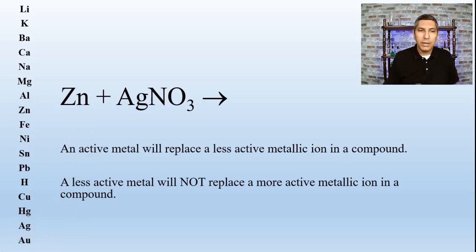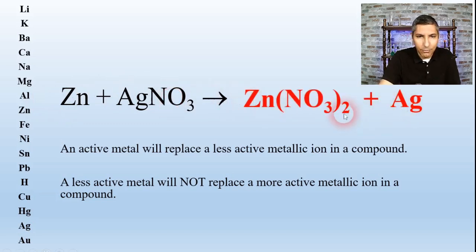So which element gets kicked out and is all by itself? Well, Ag gets kicked out. And so zinc is going to get with nitrate. So Ag is by itself, and then zinc pairs with the nitrate ion. Now we have to think about the charges. Zinc is a +2. You can see that on your ion chart.